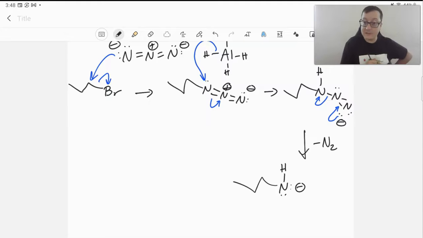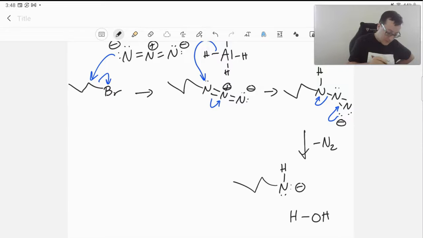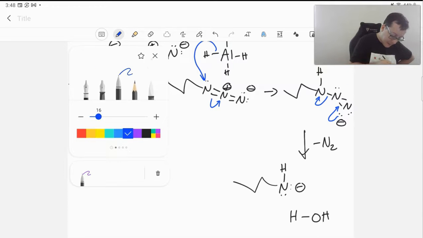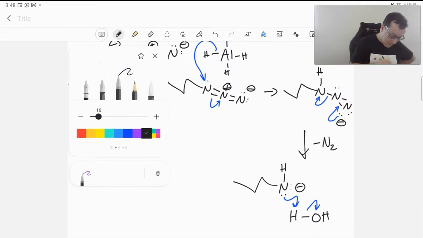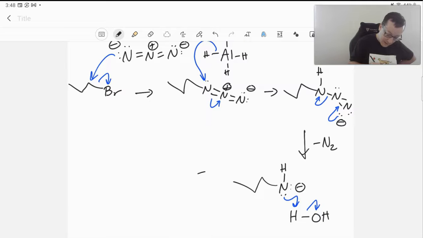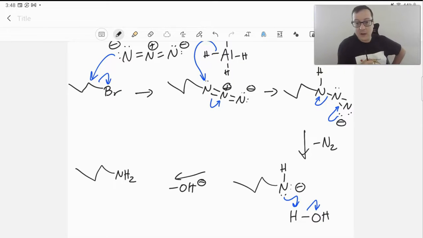Now, this is a very strong base. That's going to go ahead and find our water now, which is introduced in the second step, because water would react with our lithium aluminum hydride. Remember, we're going through this separately. That's going to end up giving us our amine. We'll have our NH2, and we'll lose some hydroxide. We don't want to put acid with this because, as we know, amines are basic.